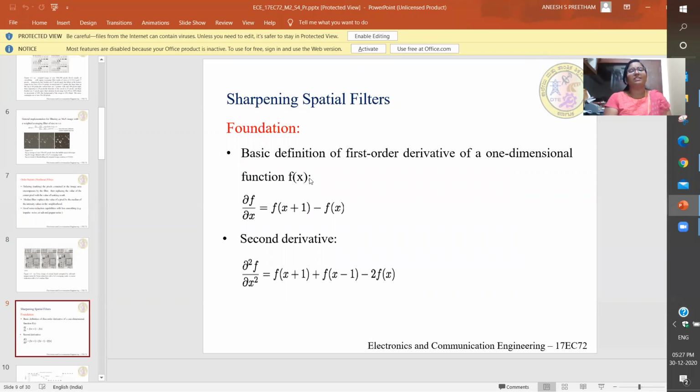Now let us consider the next topic, sharpening spatial filters. What is the foundation of sharpening spatial filters? The basic definition of the first order derivative of a one-dimensional function f of x is given by del f by del x equal to f of x plus 1 minus f of x.